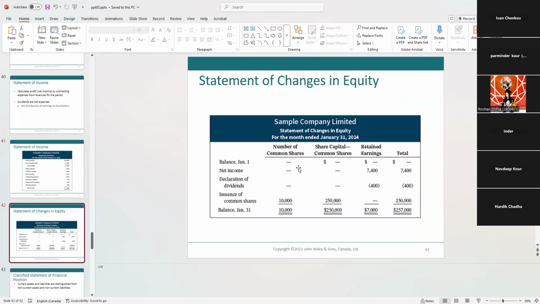Then in retained earnings, the balance was zero. We add the net income, deduct the dividend declared, and come up with the retained earnings. Then we check the common shares, the contributed capital from the shareholders. We add those together, and that gives us the balance at January 31st for the changes in equity.